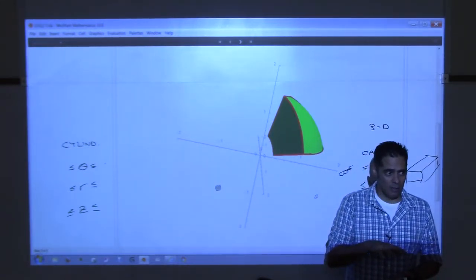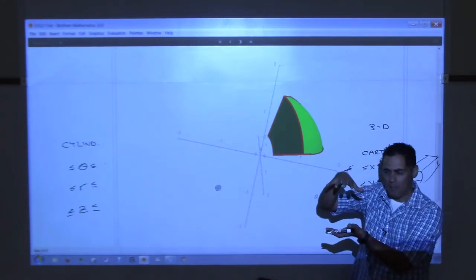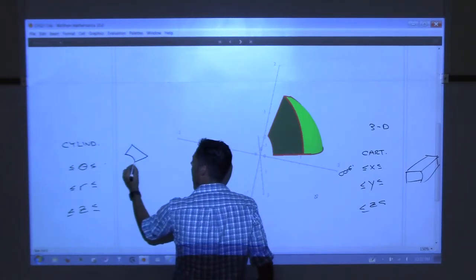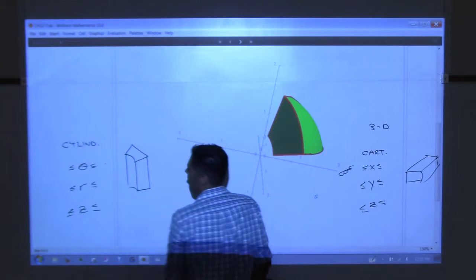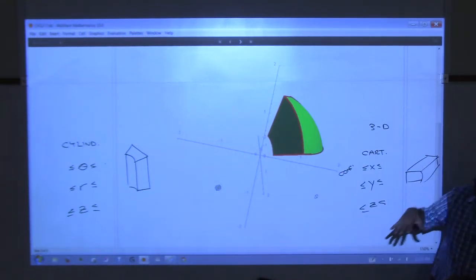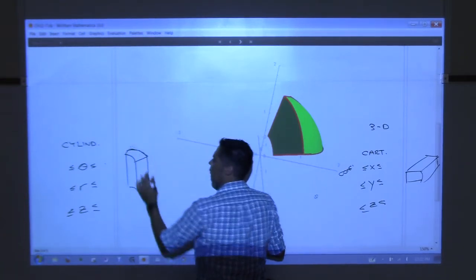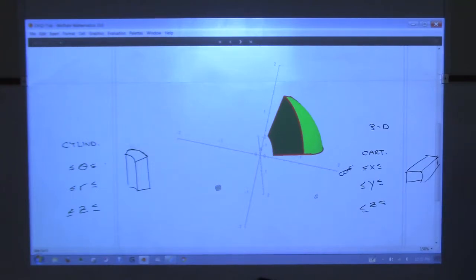And then z between two constants means that it just has a top cap and a bottom cap. So wouldn't it look something like this? On the top, it looks like a little polar patch, a little polar rectangle on the bottom, and then everything in between.